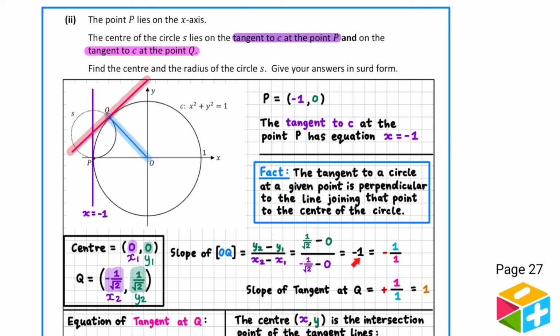So I'll rewrite -1 as -1 over 1. Using this trick, we can flip the fraction, which actually just gives us back 1 over 1, and we change the sign from a minus to a plus. This tells us that the slope of the pink line, which is the tangent at Q, is plus 1 over 1, which simplifies to 1.